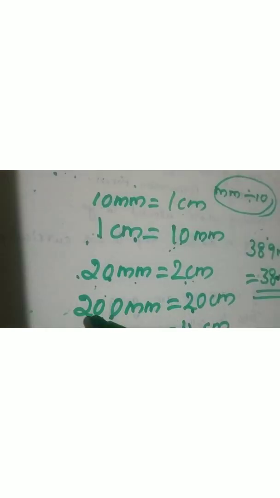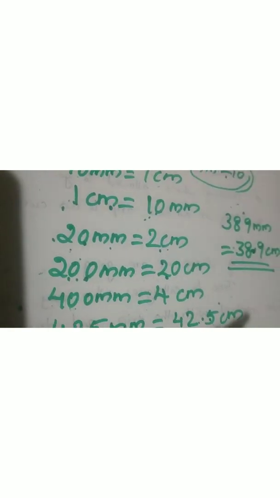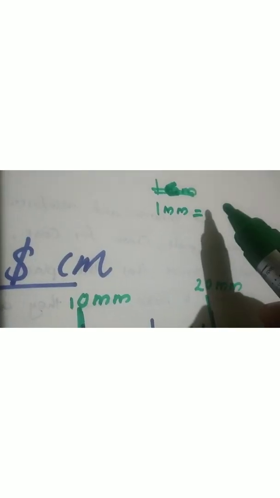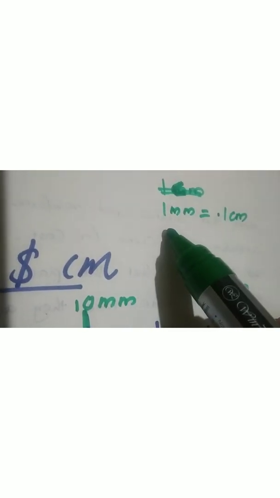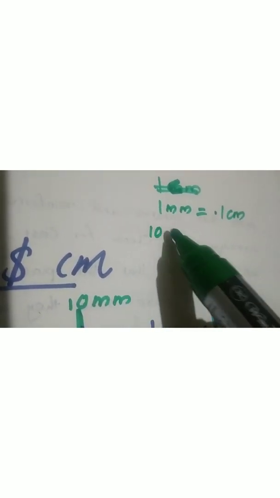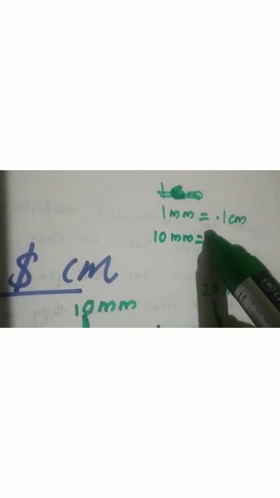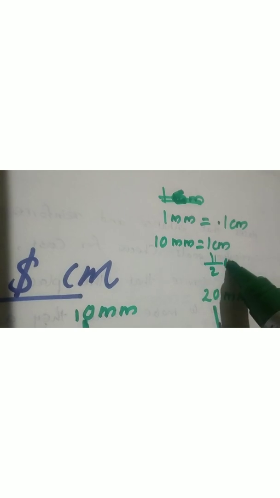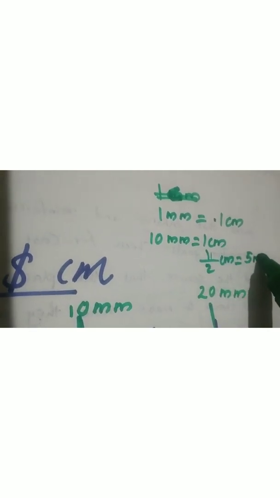Now we have converted the counting numbers into millimeter or centimeter. Okay. We know 1 millimeter is 0.1 centimeter. We have studied that. Then 10 millimeter is equal to 1 centimeter. So we can write half centimeter will be 5 millimeter.